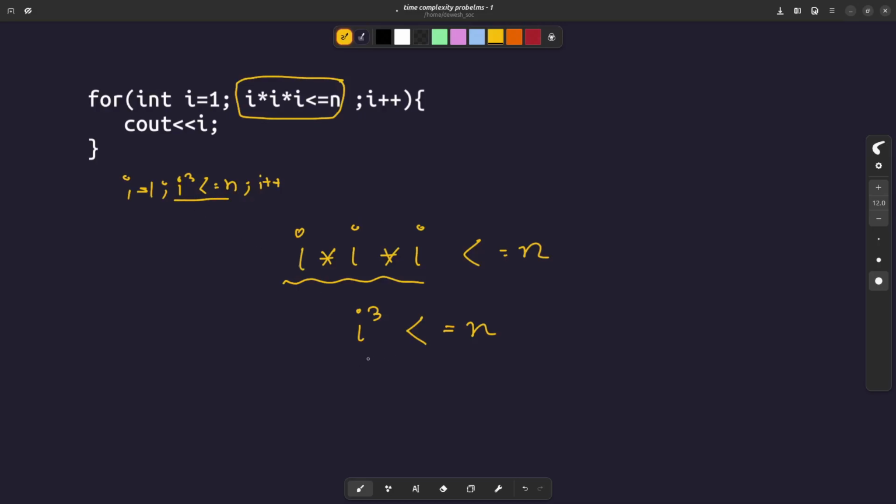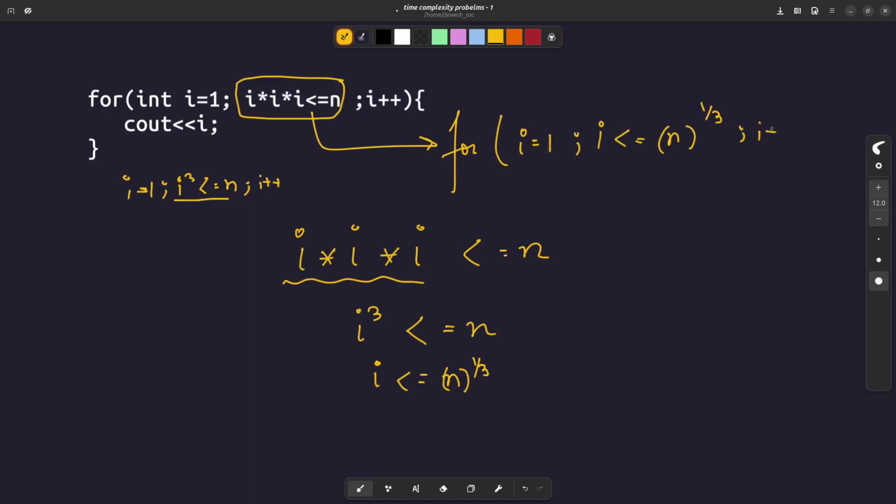Now you take the square root on both sides. This becomes i <= square root of n, which is n to the power 1/2. So basically this loop is just for i = 1, i <= square root of n, i++. That's it.